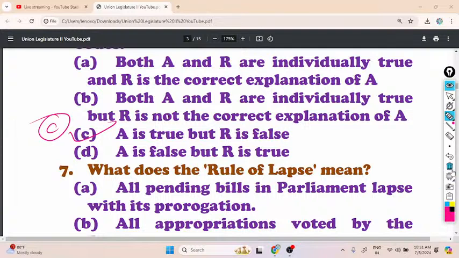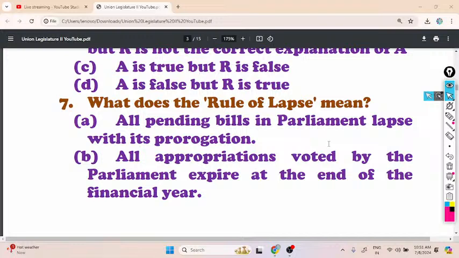What does the rule of lapse mean? Rule of lapse, also called the March rush. Rule of lapse means all the money sanctioned by Parliament to the executive at the beginning of the financial year will lapse automatically at the end of the financial year. Suppose 5,000 crore was sanctioned to a particular department for the financial year.